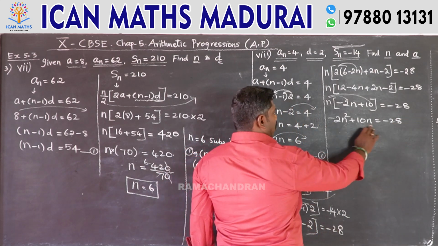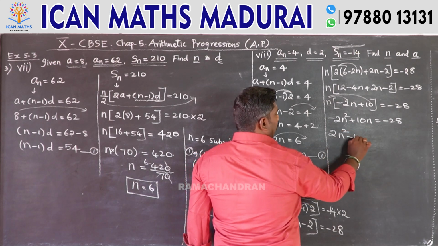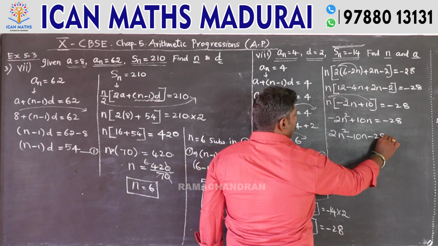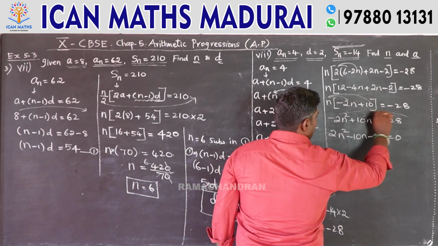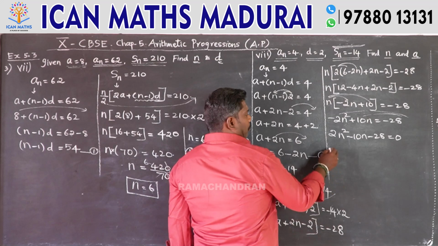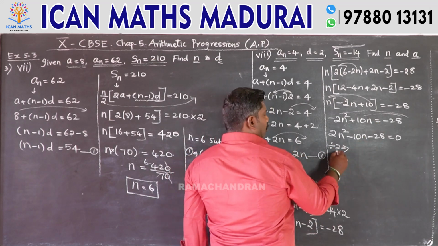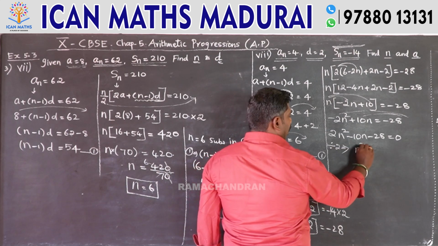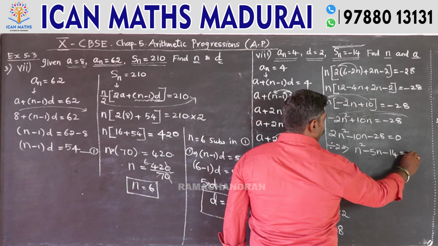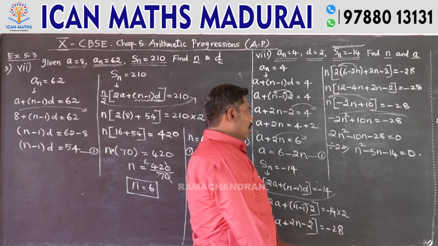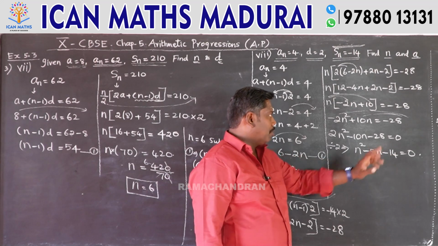So change every term to the right hand side: plus 2n squared minus 10n minus 28 is equal to 0. Okay. Now we can divide it by 2 because all the terms are multiples of 2. So if you divide it by 2, we'll get n squared minus 5n minus 14 equal to 0. Now we have a quadratic equation, n squared minus 5n minus 14.